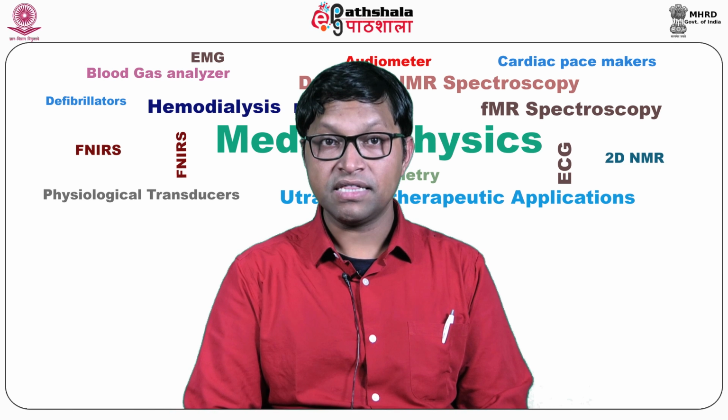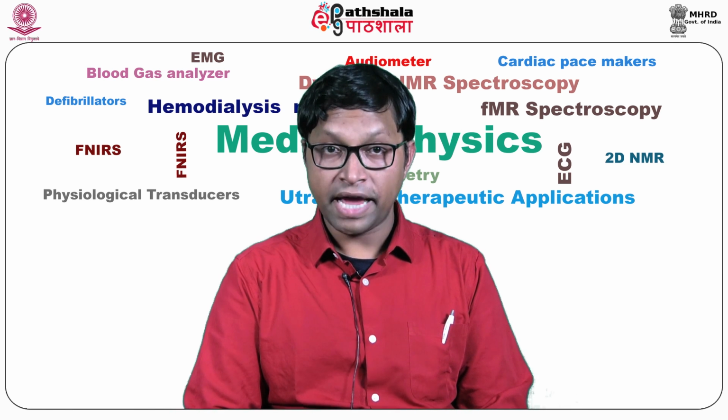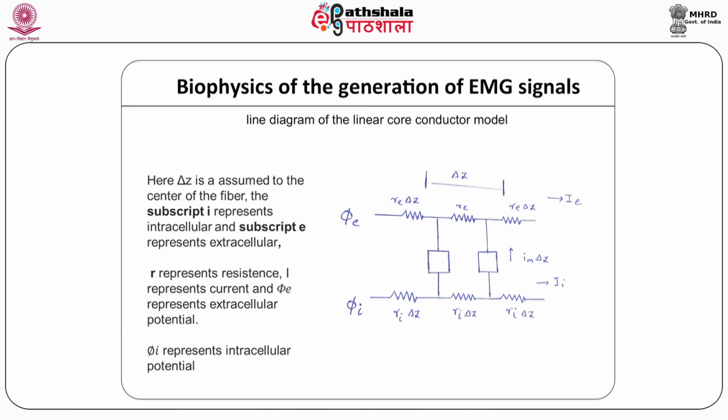Figure 3 is the line diagram of the linear core conductor model, where Z is assumed to be the center of the fiber, the subscript small i represents the intracellular and subscript e represents the extracellular. R represents the resistance, capital I represents current, and E represents the extracellular potential, and small i represents the intracellular potential.